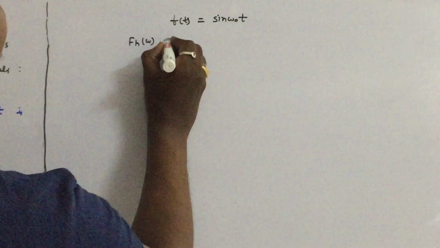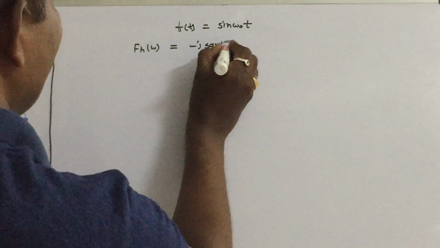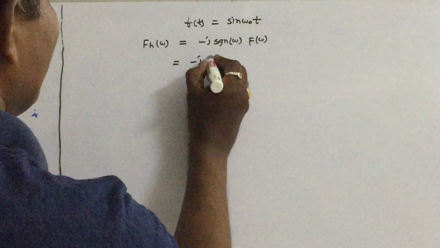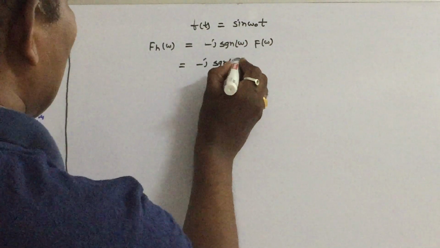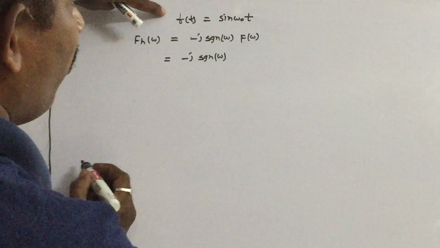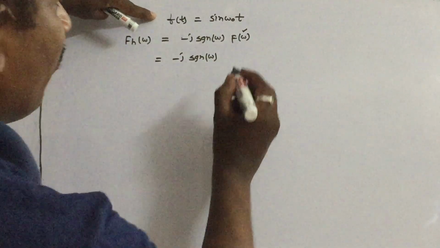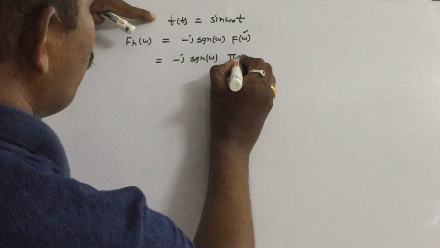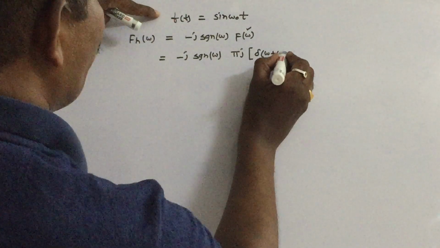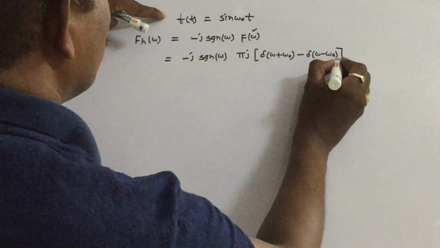What is the Hilbert transform Fh of omega? We have just derived it: minus j signum of omega into F of omega. So it is minus j signum of omega into the Fourier transform of sine omega 0 t. As you know, the Fourier transform of sine omega 0 t is pi j into del of omega plus omega naught minus del of omega minus omega naught.